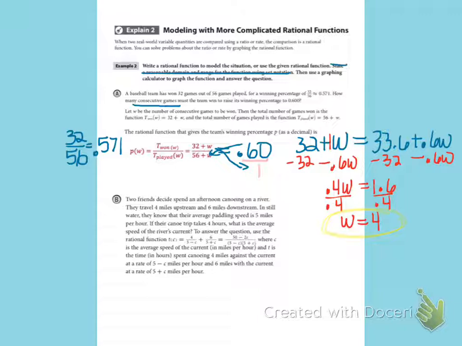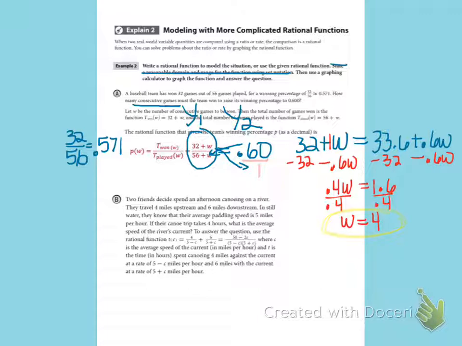Now, I personally think that's really the best way to solve something like this, is to just solve it algebraically. But what you could also do, and when we're together in class I'll maybe show you this, is we could take this left side of the equation, this 32 plus W over 56 plus W, and enter it into y sub 1 in our graphing calculator, and put the 0.60 into y sub 2, and we could graph those two things, and then we could see, using the trace calculate intersection function, where those two graphs cross.